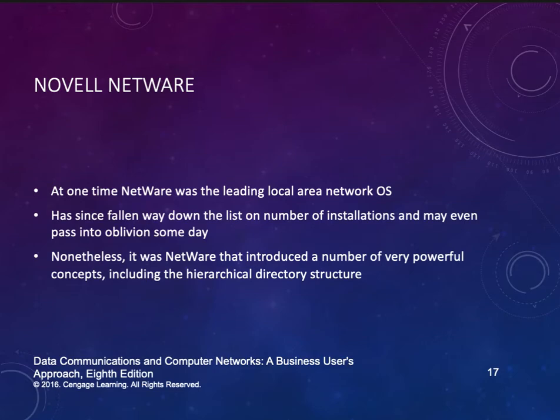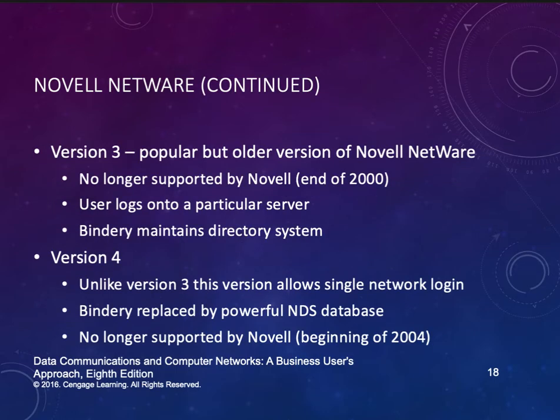Some of you, when you start working, you might encounter this. There are different versions. Version 3 was popular, but it's already ended. There's no more support for it. There's also version 4, more into the NDS database, much more powerful.